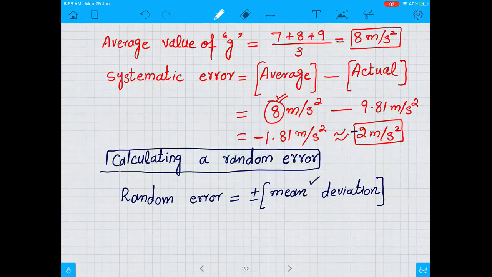Now to calculate the random error in the given experiment or in some other experiment, you have to calculate the mean deviation. What is the mean deviation?